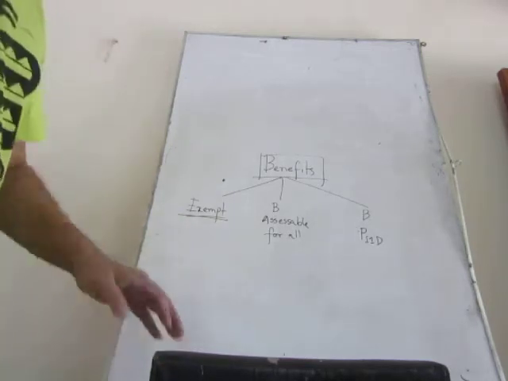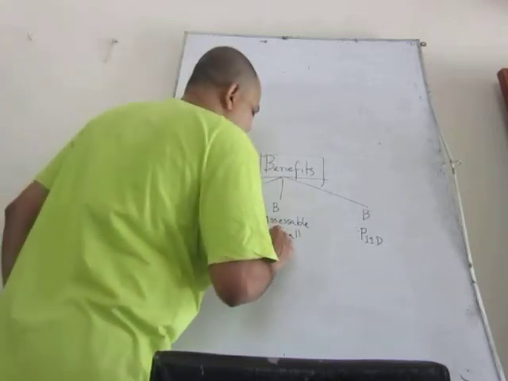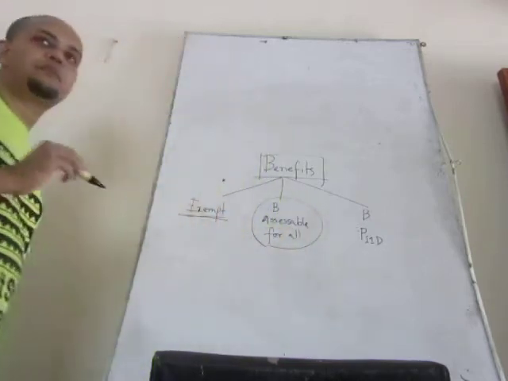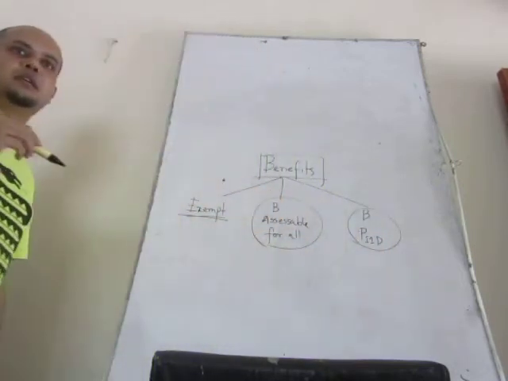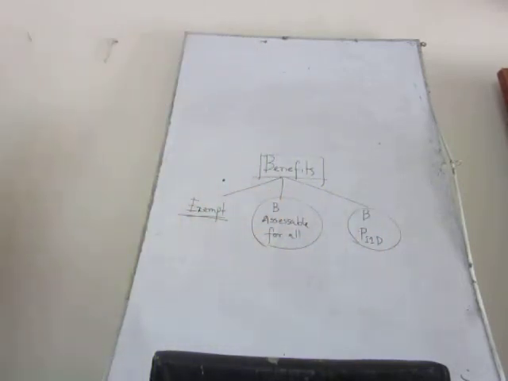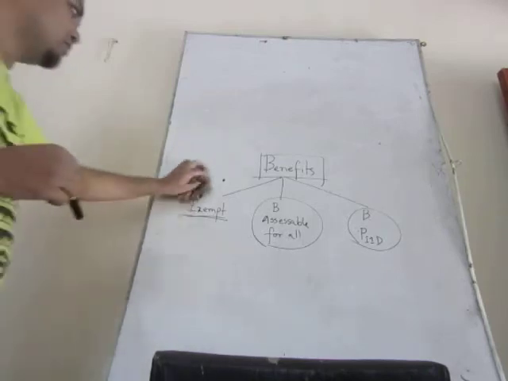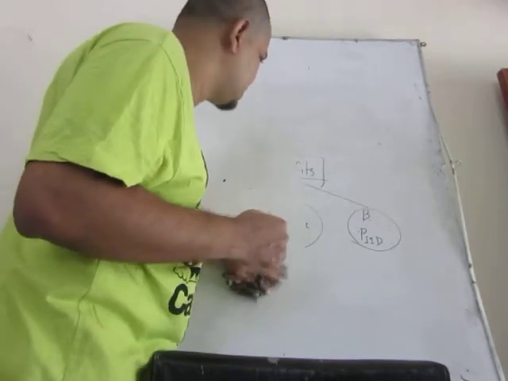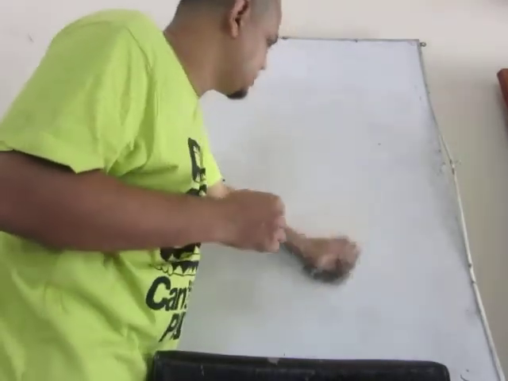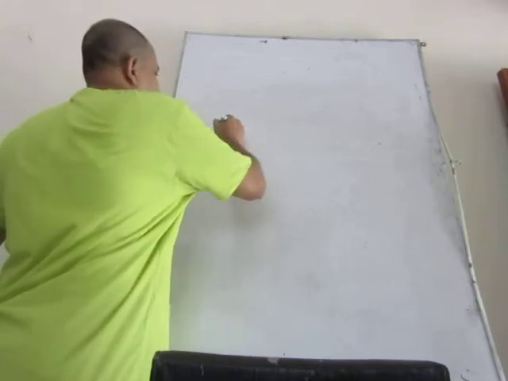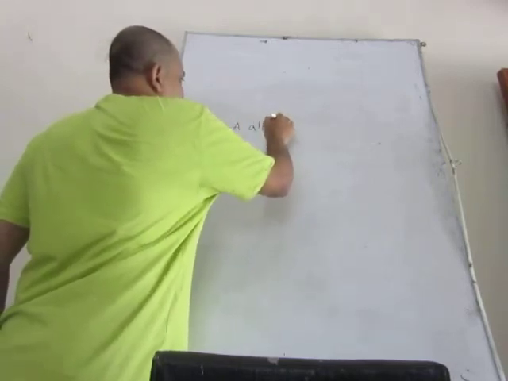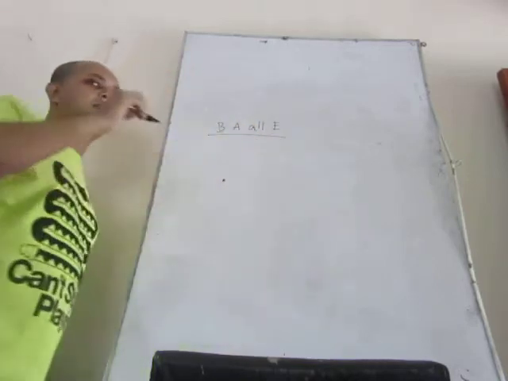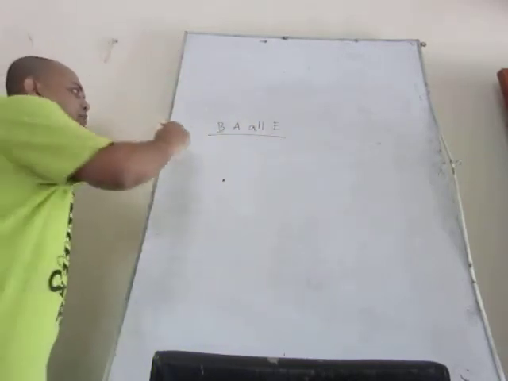I will discuss benefit accessible for all employees and benefit for P11D employees. First, think about the benefit accessible for all employees. These are two different kinds of benefit provided by the employer.